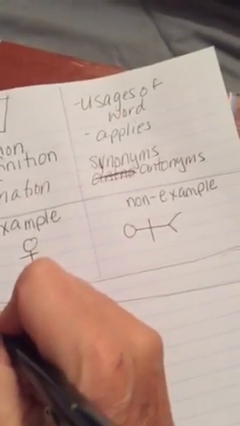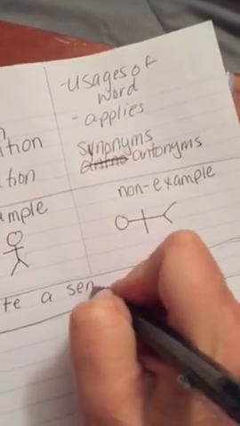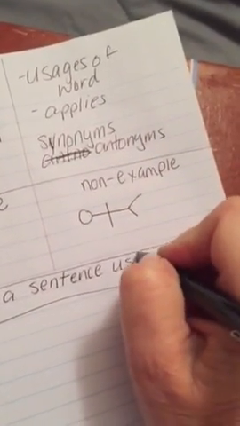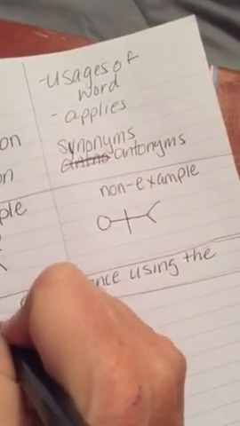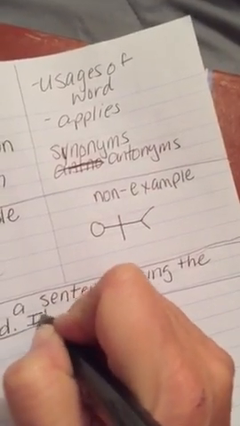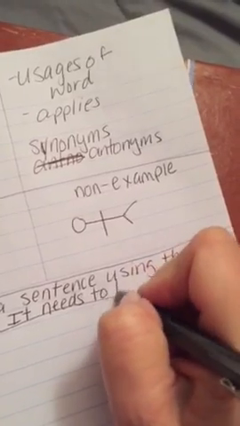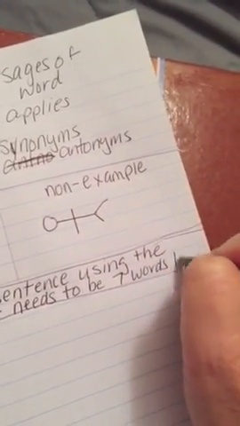So I'm just going to say, write a sentence using the word, and then I'm going to put another sentence here. It needs to be 7 words long, because here's what kids have done.